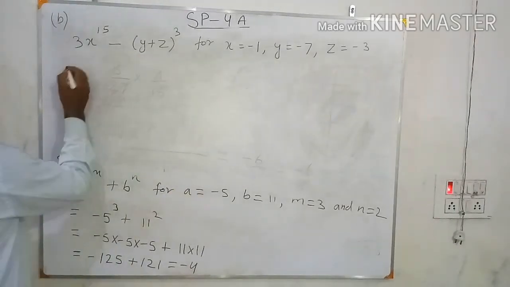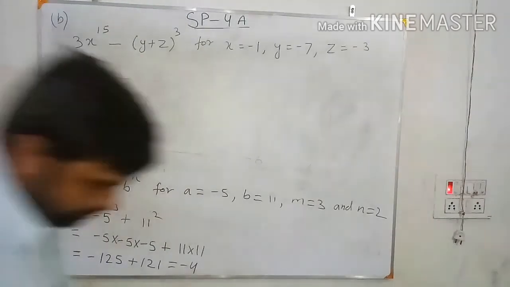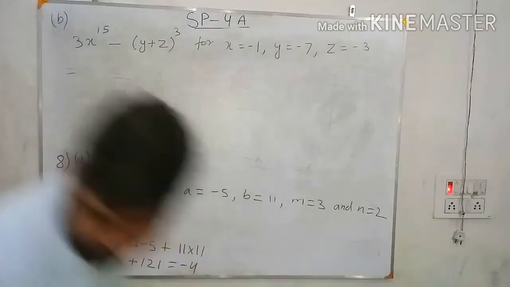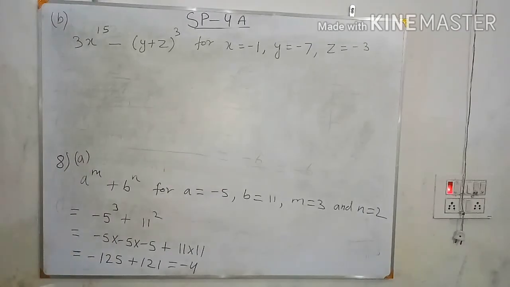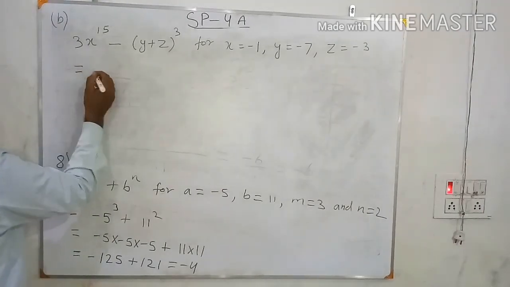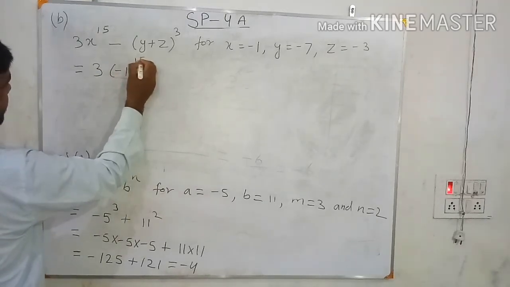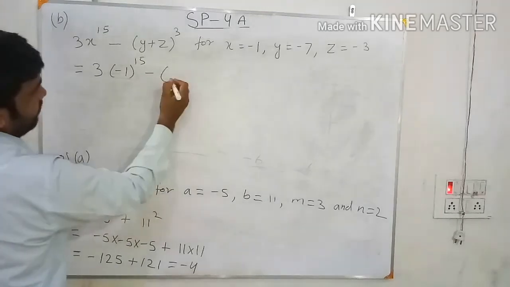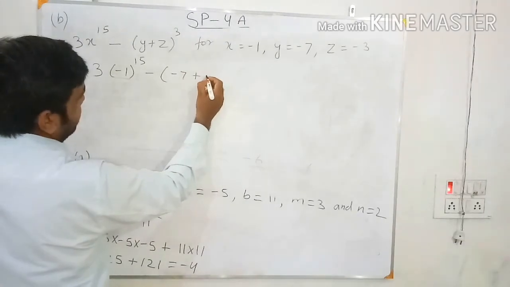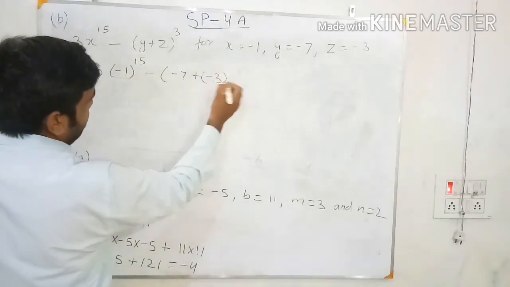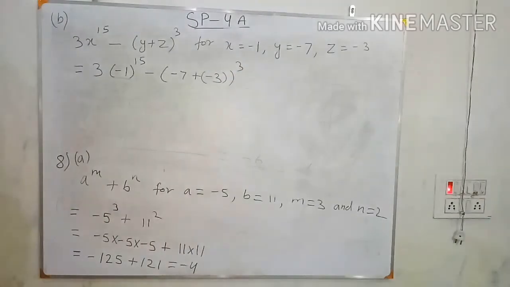Now put the values of the given variables. On the place of x we have to write minus 1. So minus 1 to the power 15, here minus, on the place of y minus 7 plus z, on the place of z you write minus 3, whole cube.